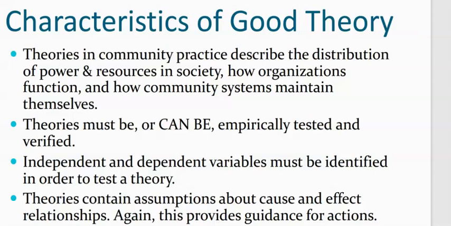Theories in community practice describe the distribution of power and resources in society, how organizations function, and how community systems maintain themselves. Theories must be or can be empirically tested and verified. Independent and dependent variables must be identified in order to test the theory. Theories contain assumptions about cause and effect relationships.